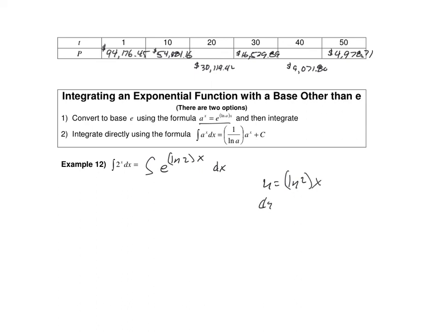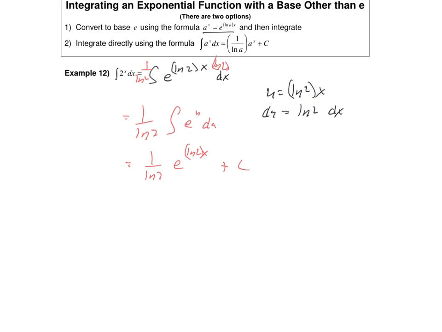So then du is natural log of 2 dx. So that means I would need to force a natural log of 2, and then I'd have to counter with 1 over natural log of 2. So then I've got 1 over the natural log of 2, the integral of e to the u du, and I know the antiderivative of e to the u is e to the u, and I'm going to back substitute my u to say natural log of 2 times x. Some separation there, so you know it's a coefficient and it's not the natural log of 2x plus c.